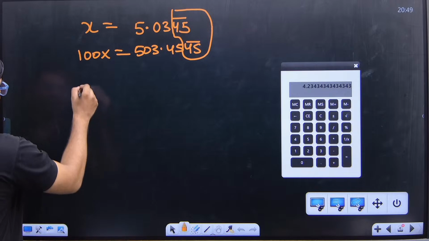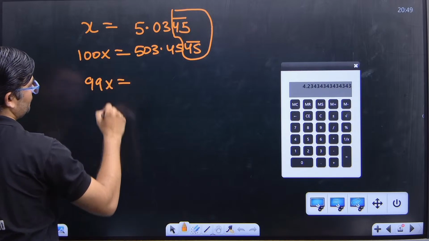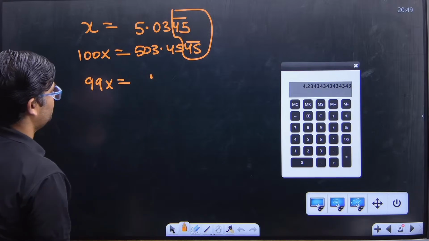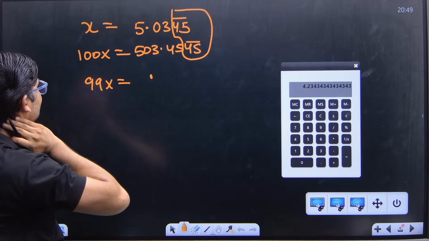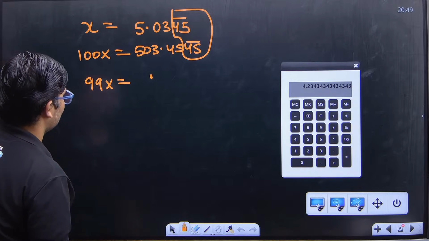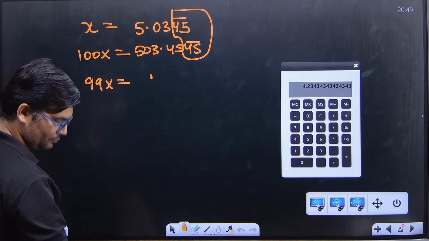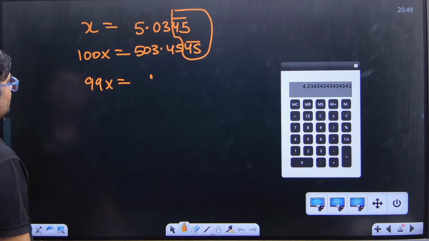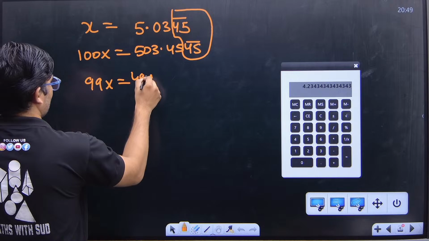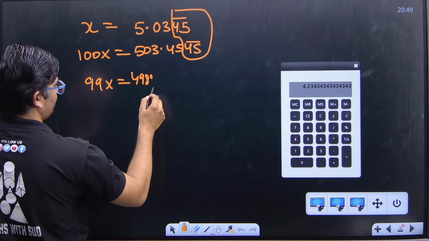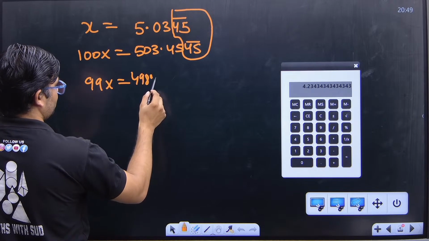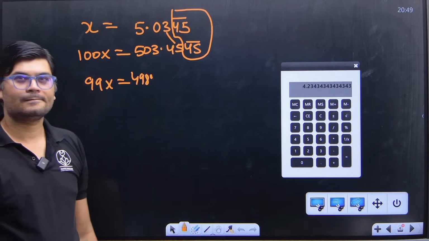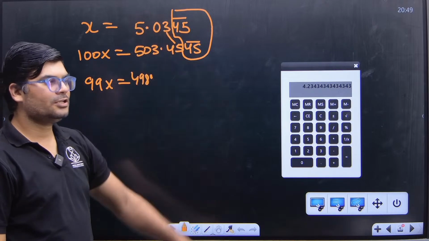So 99x is equal to 498 point... So 0.45 minus 0.03 is how much?